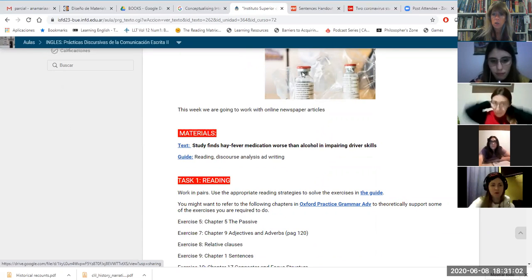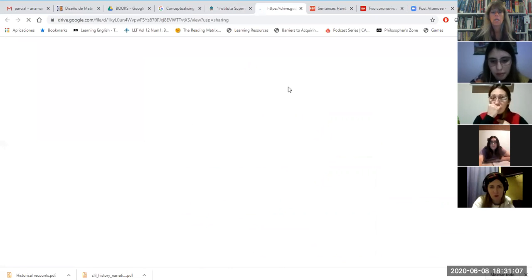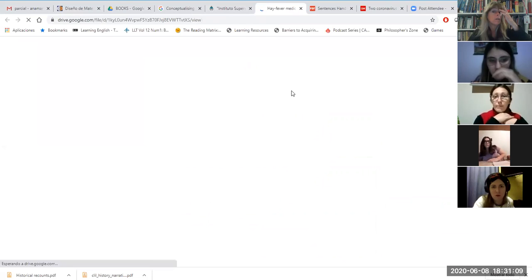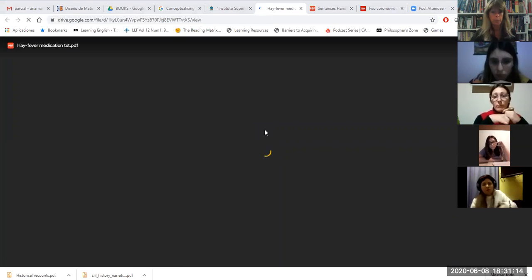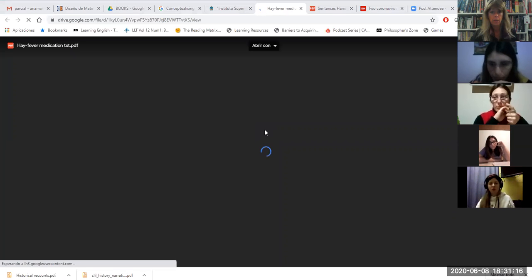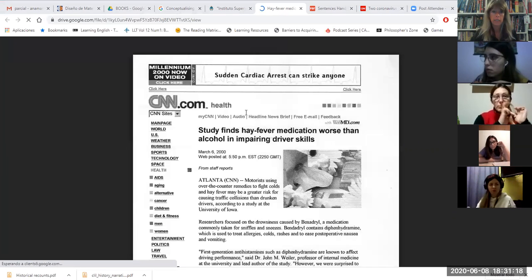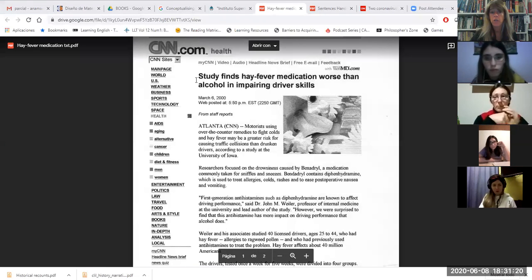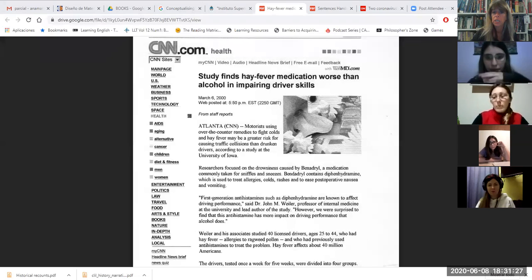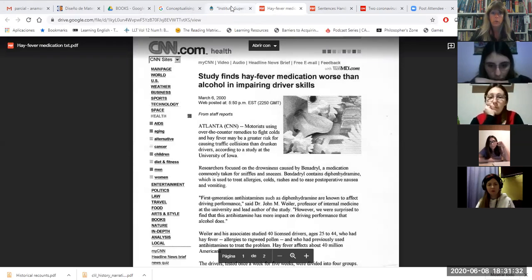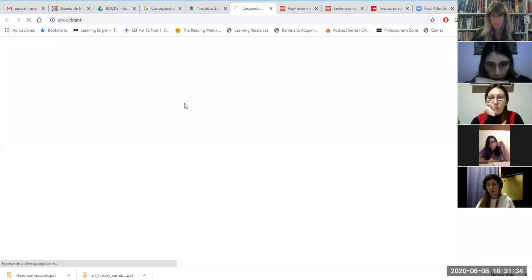The text, which is, if you click here in the text, they are going to appear. You would have the link to this text, which is from the CNN study: Study finds hay fever medication worse than alcohol in impairing driver skills. And then what we also need is the guide for that.